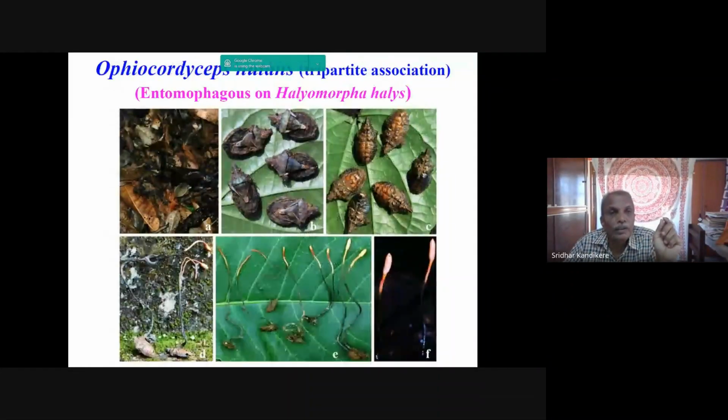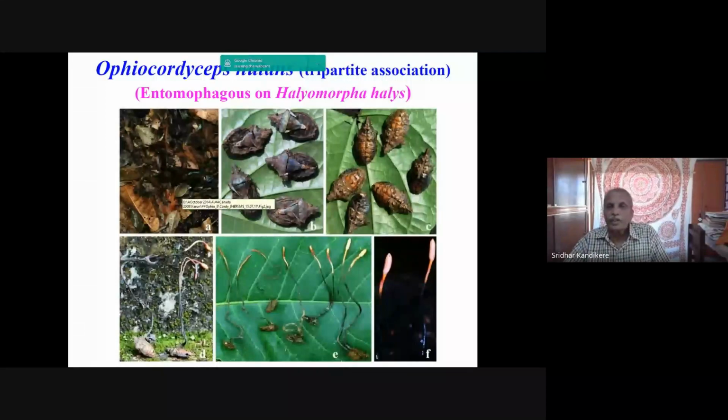And this is another mushroom, Ophiocordyceps nutans. It has a tripartite association. This fungus attacks in its imperfect state. It attacks Cassinia glauca, a very common plant species in the Western Ghats and southern India and even northern India too.